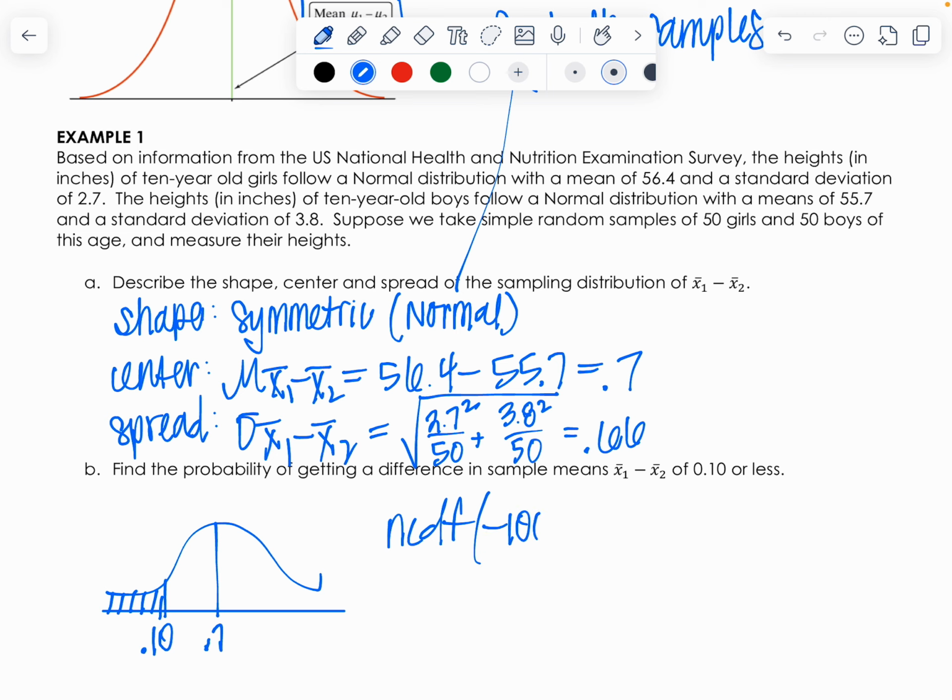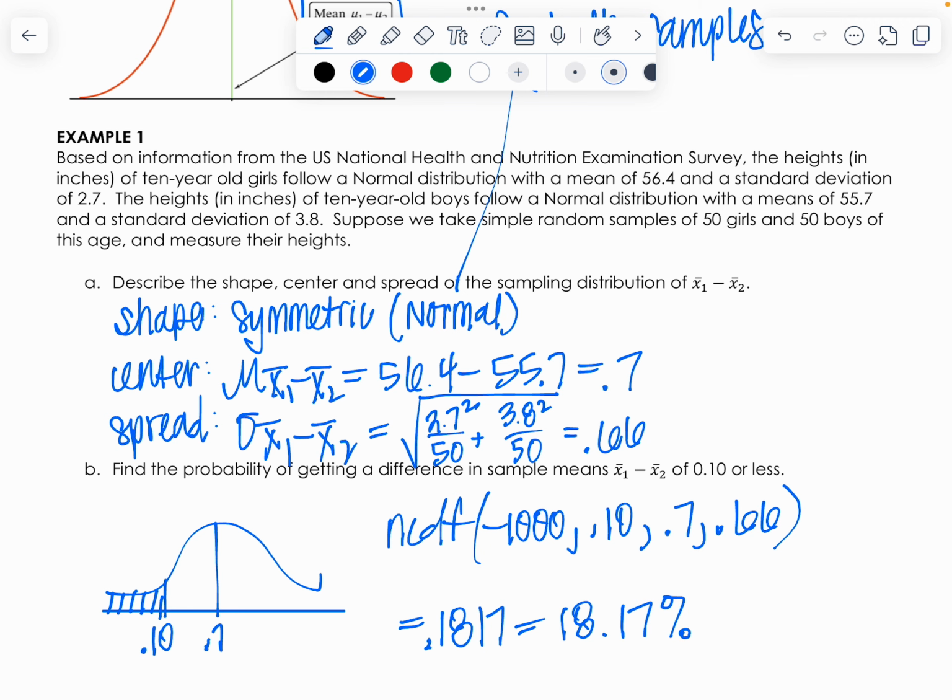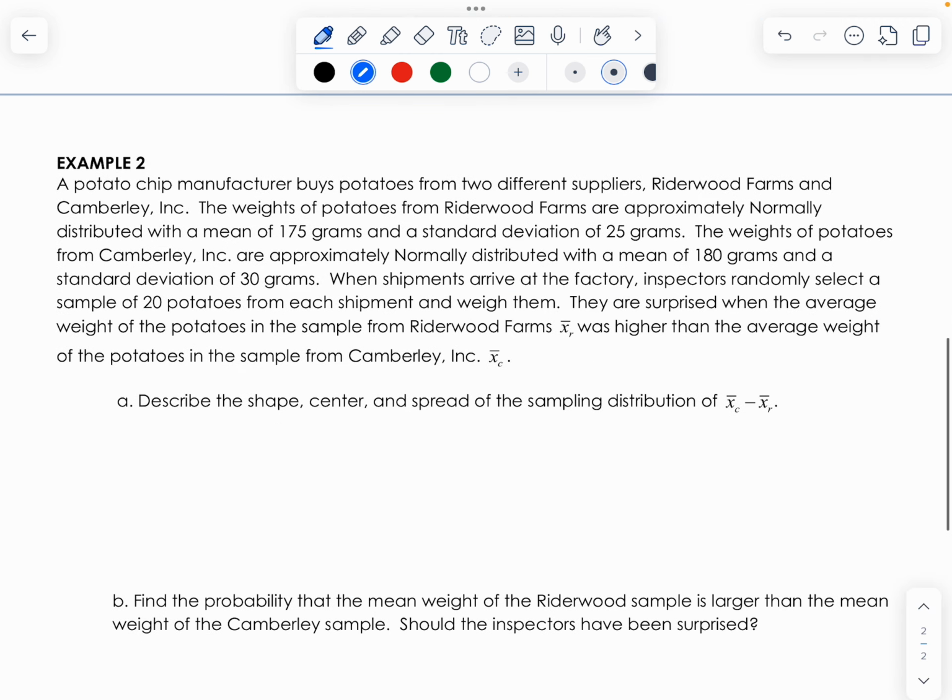From negative 1,000 to 0.10 with a mean of 0.7 and a standard deviation 0.66, the probability is 0.1817, so 18.17%.